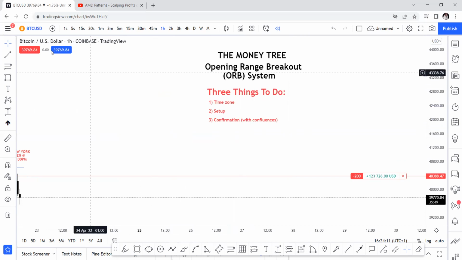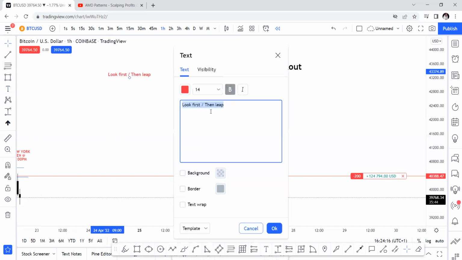Then the time zone. We have two major market sessions: we have London, then we have New York.